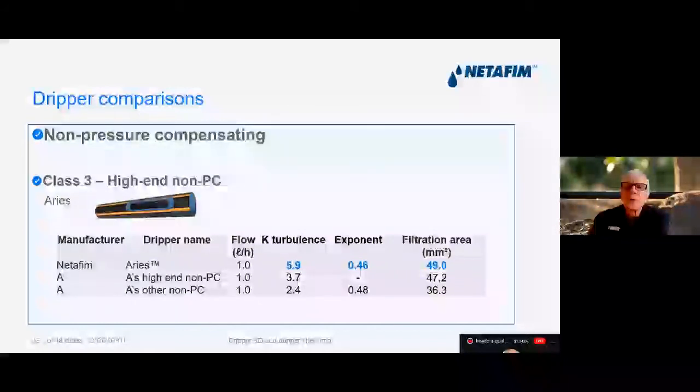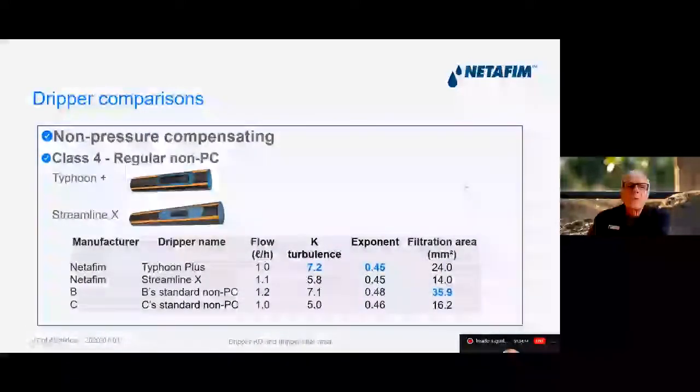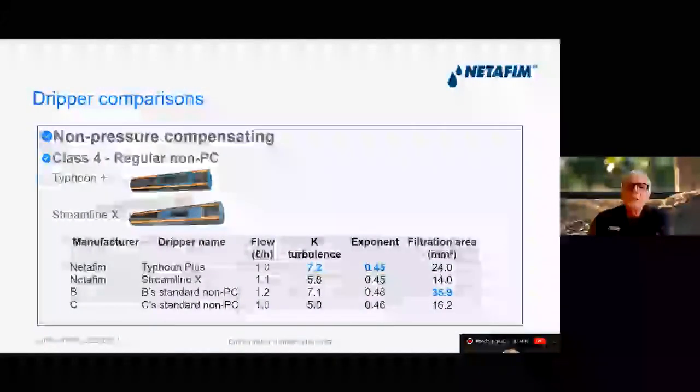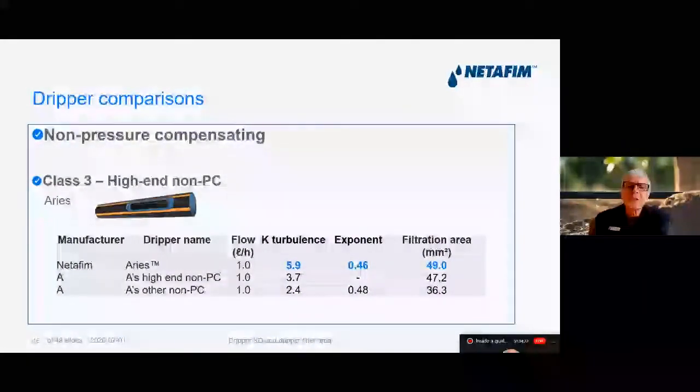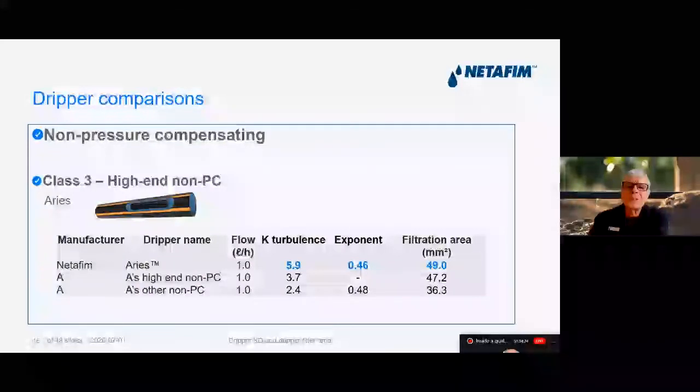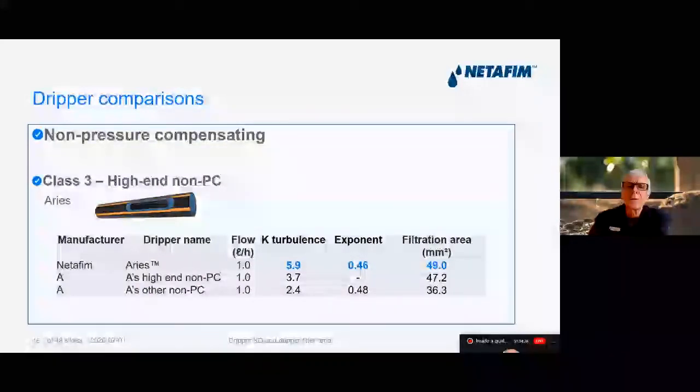The exponent is 0.46, and the filtration area is 49 square millimeters. And remember, the lower the exponent the better. So an exponent of 0.46 is better than an exponent of 0.48.